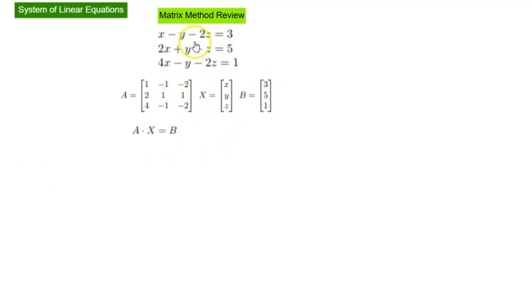Using these matrices, we write this system of equations as A times X equal to B, so that we can solve it by taking the inverse of A. So the left hand side, A inverse times A becomes I sub n, which multiplied by X gives us X. Whereas in the right hand side, we have A inverse times B, which means we have to evaluate A inverse.